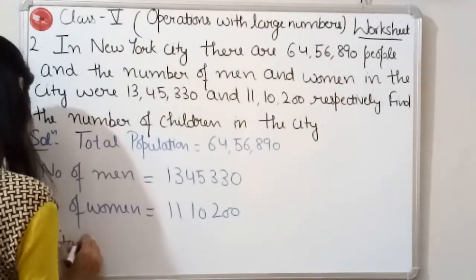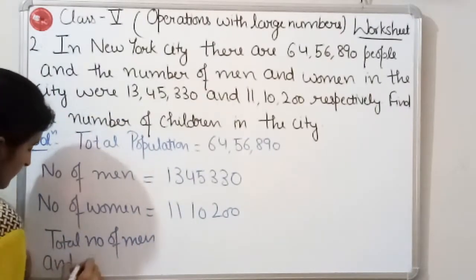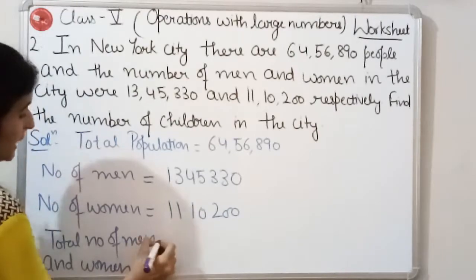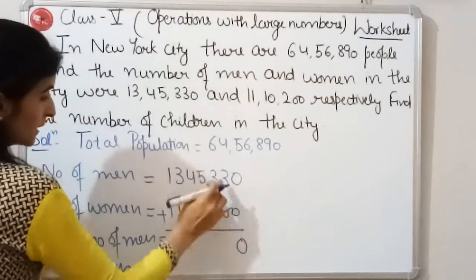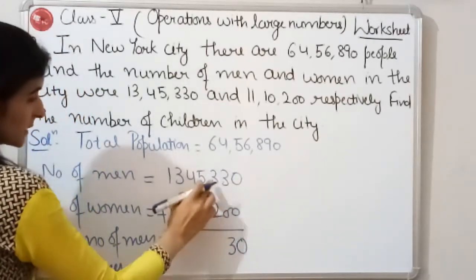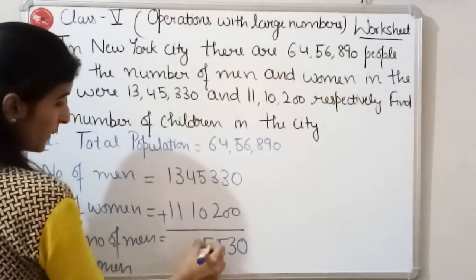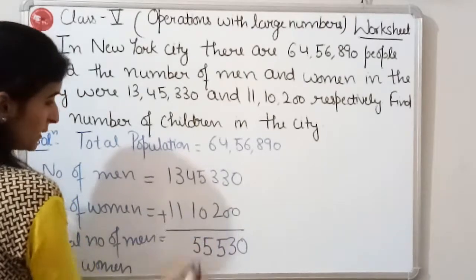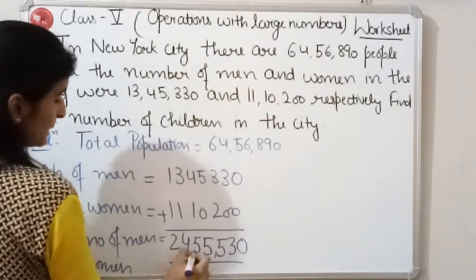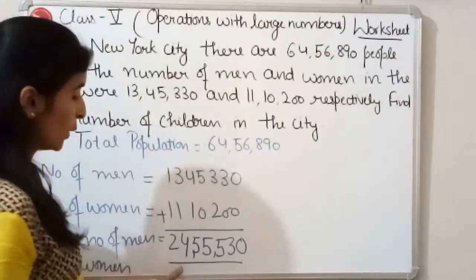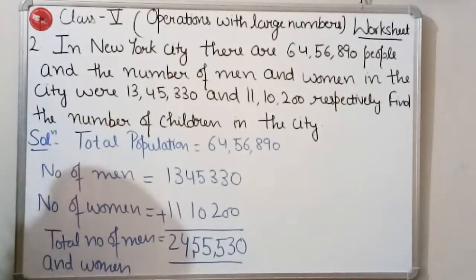So total number of men and women will be equal to, when we add them together, 0 plus 0 is 0, 3 plus 0 is 3, 3 plus 2 is 5, 5 plus 0 is 5, 4 plus 1 is 5, 3 plus 1 is 4 and 1 plus 1 is 2. That means there are 24,55,530 men and women. Okay.